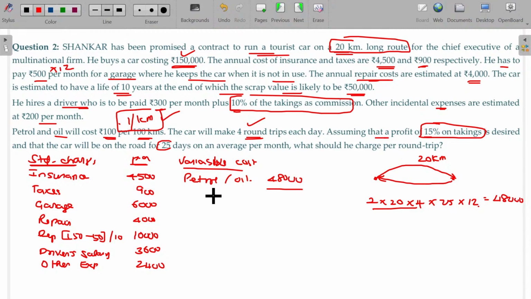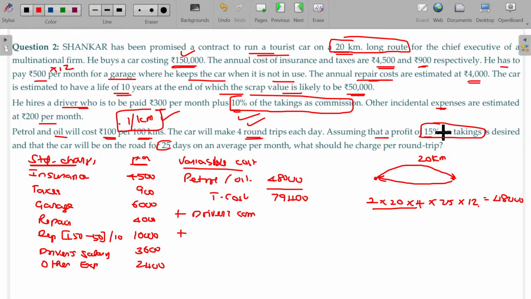What is the total cost? You add up all these values. 79,400 is the total cost per annum. With that, you have to add driver's commission, 10% of takings.